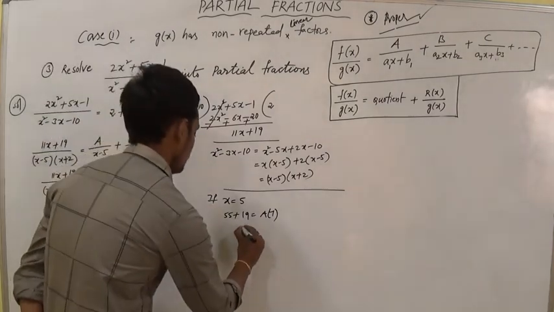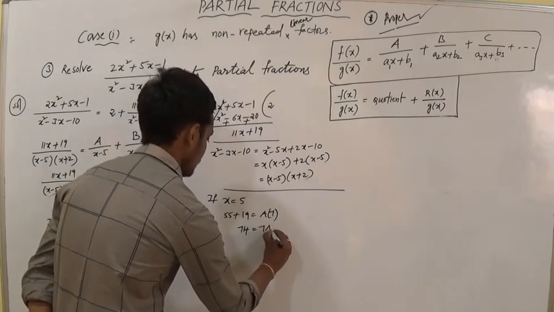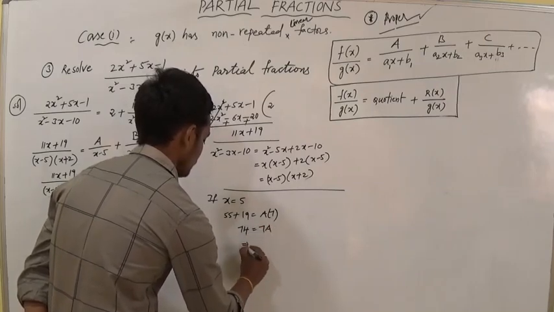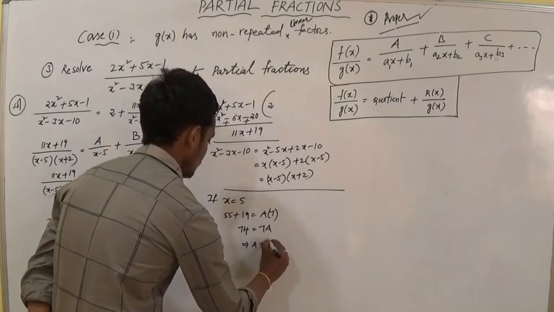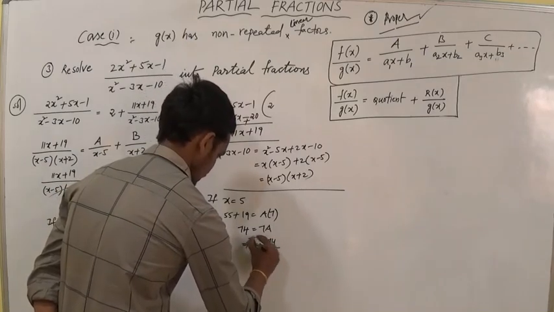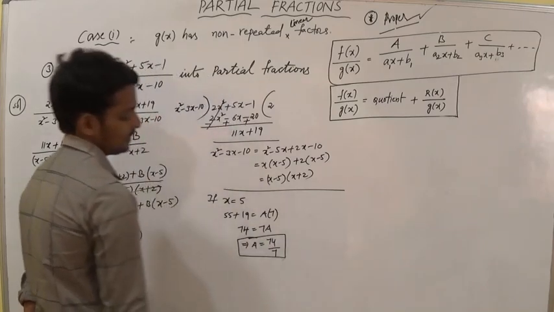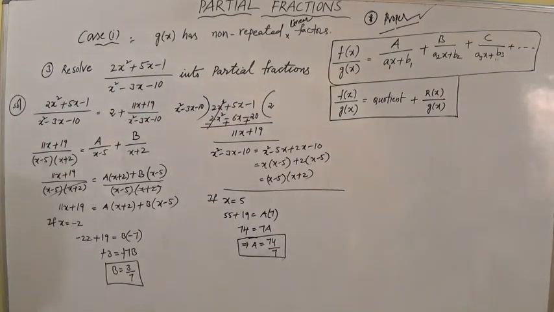So 74 is equal to 7A. That implies A is equal to 74 by 7. The value of A is 74 by 7, B is equal to 3 by 7.